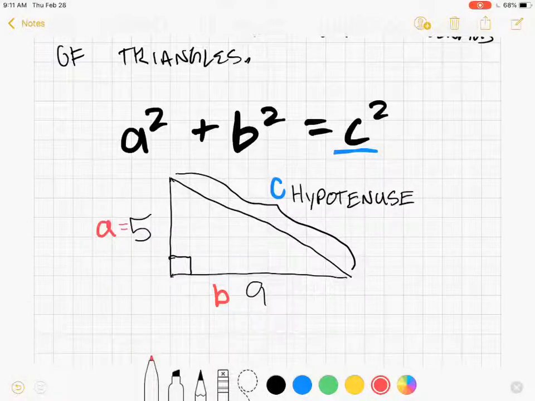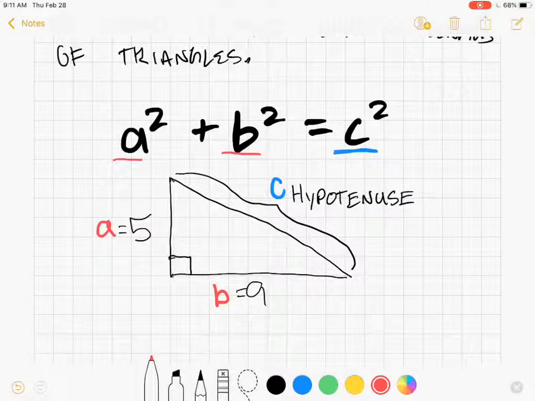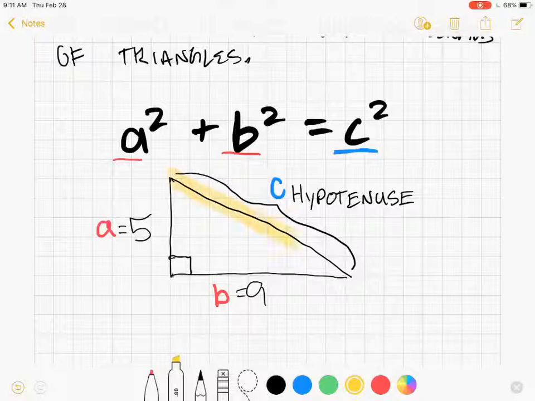So a equals 5, b equals 9. Those are all listed right here. So now we can find the length of this side just by using the Pythagorean theorem.